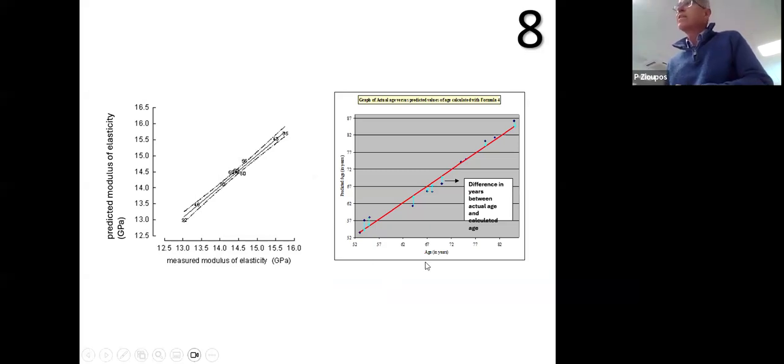We have here the age of the individual and the predicted age in a range of cadavers between 50 and 80. And by a series of material and mechanical methods, we can produce algorithms that we can tell the age of the individual within 1 or 2 or 3 years.